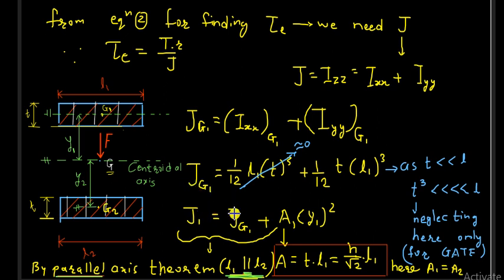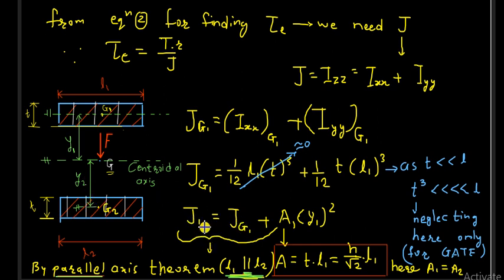From Jg1 we will find the value of J1 equal to Jg1 plus A1 into Y1 square. Y1 is this distance between the CG or centroidal axis and the axis passing through the CG of the weld bit having length L1. Similarly, Y2 is also there.